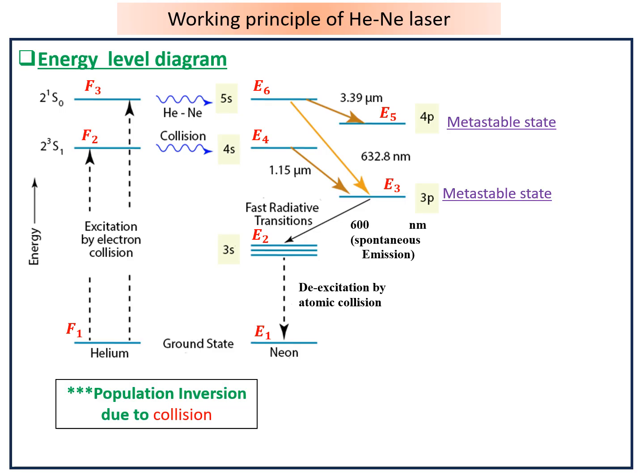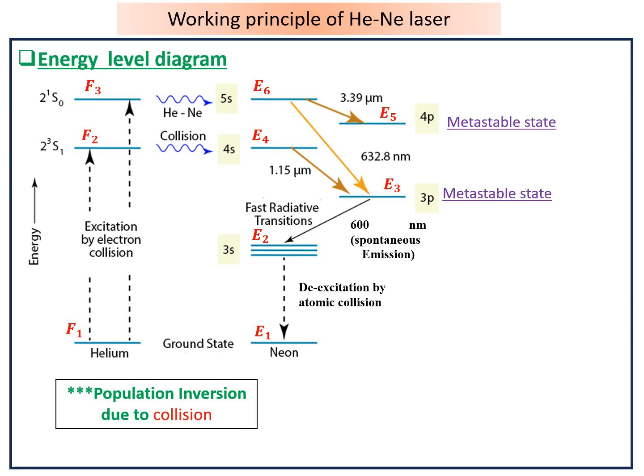In order to understand the operation of helium neon laser, let us take help of the energy level diagram. Due to the discharge in the mixture of two gases by applying high voltage, the helium atoms are excited by the impact of accelerated electrons in the discharge tube, because of their less mass in comparison to neon atoms.